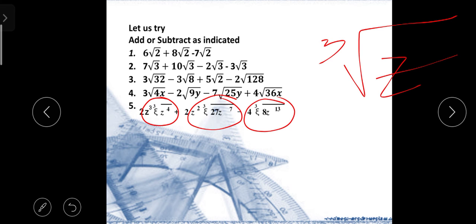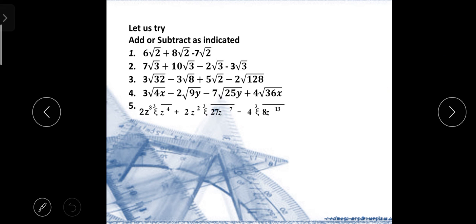So, ang natira sa kanila lahat ay cube root of z. So, since like terms na sila, kailangan na lang natin i-simplify yung mga nailabas natin na number. Okay? So, dun sa unang term natin, meron tayong nailabas na z.